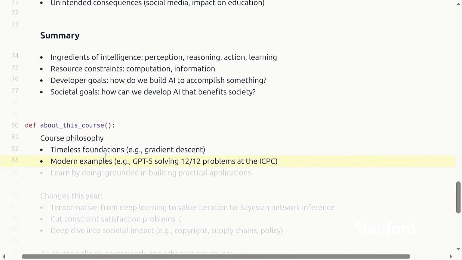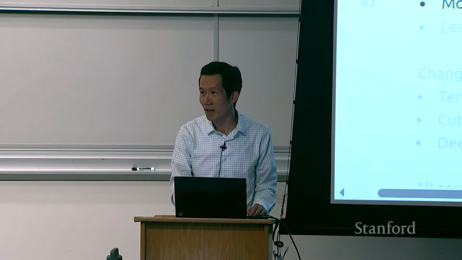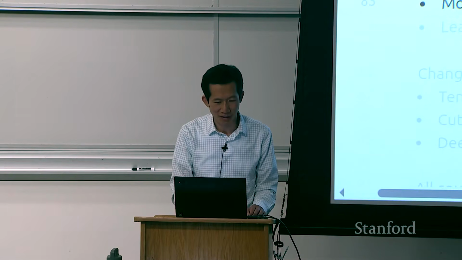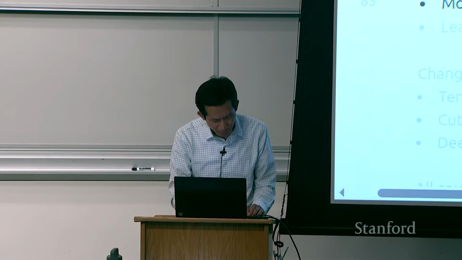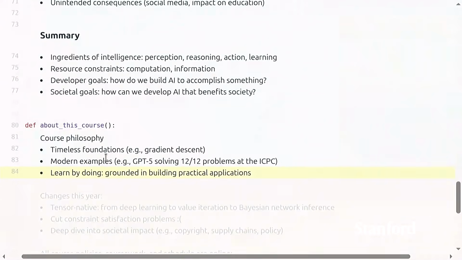So when I was going back and thinking about what needs to be changed, as you'll see later, we made some changes, but many of the things are actually the same. And one general philosophy which has been there since I created this class is learning by doing. So a lot of the homeworks are going to be very much like building things, coding things up, and seeing things work.